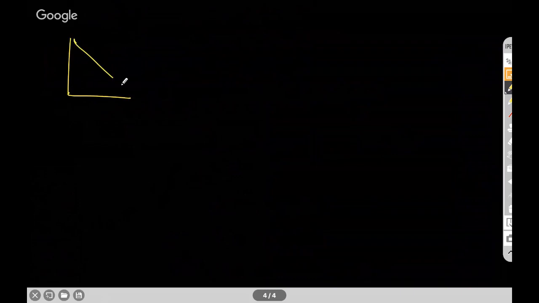Let's say ABC is the triangle where AC square is equal to AB square plus BC square. Then we have to prove that angle B is equal to 90 degrees.